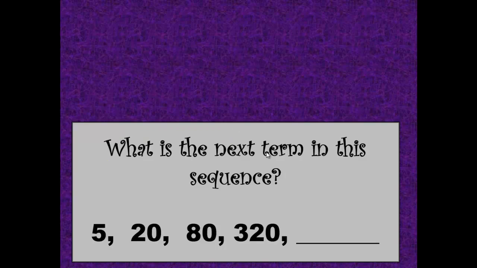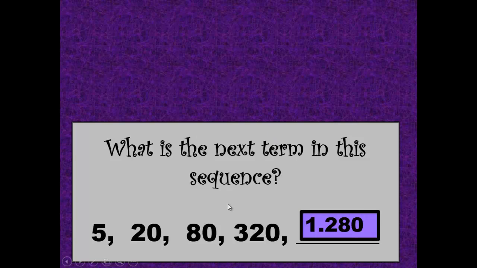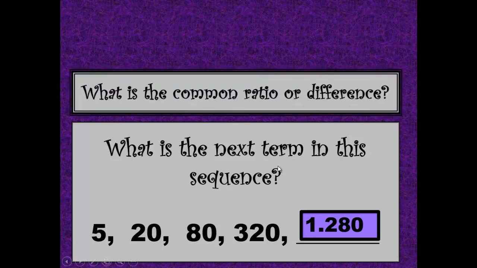How about this one? What is the next term? Okay, good, 1280. Is it arithmetic or geometric? Oh, the common ratio is 4, so it is a geometric sequence.